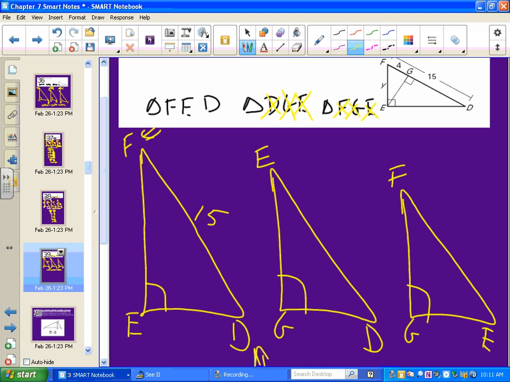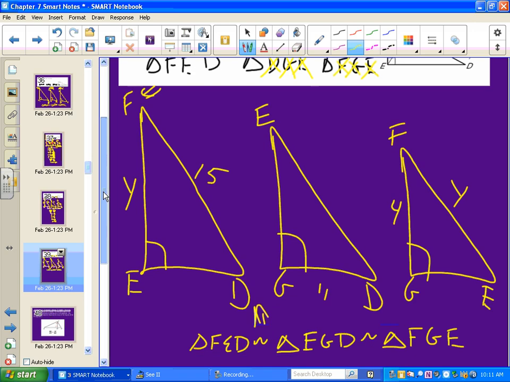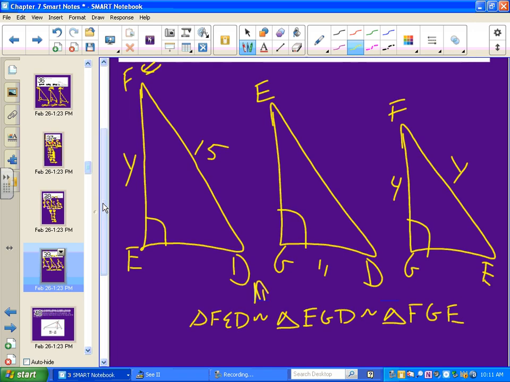We know that FG is 4. We know that FE is y. We know that GD is going to be 15 minus 4, which is 11. And that's all we know.